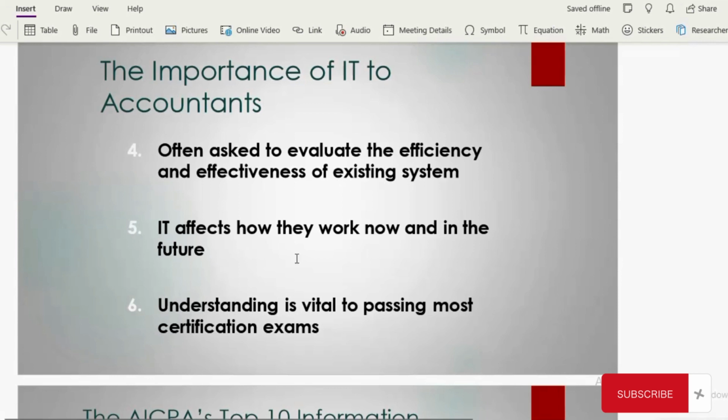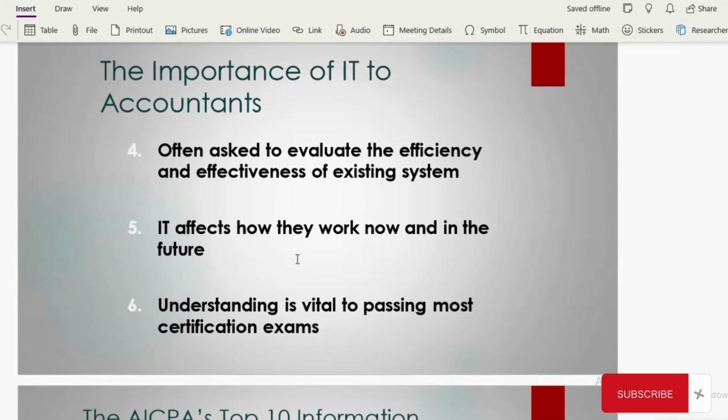IT has also facilitated the accounting and finance people. It really affected how the accountants were working in old days and how they are working now and how they will be working in the future. Finally, it's very important for the accountants to understand how the system works relevant to accounting. Why?